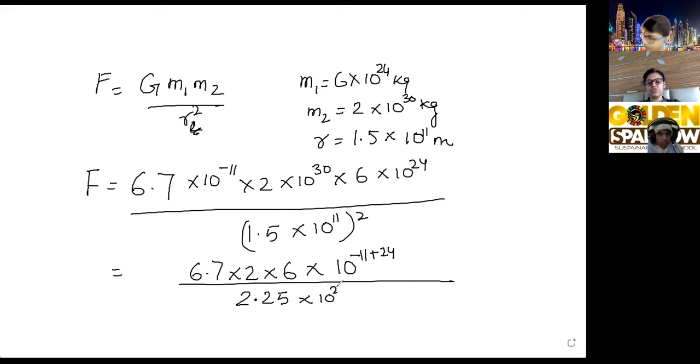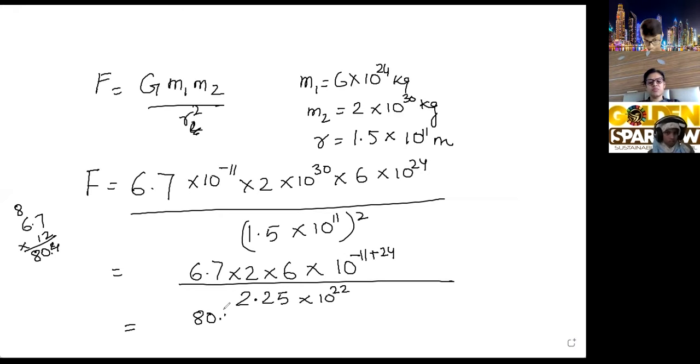Now multiply: 6 twos are 12, 6.7 into 12. 12 sevens are 72 plus 8, so 80.4.